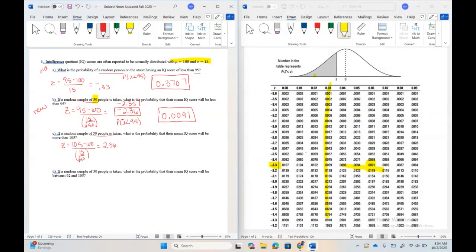Since the bell curve is symmetrical, if I have a Z-score of negative 2.36, I found that area to the left to be 0.0091. If I have a Z-score of positive 2.36, then this area to the right will also be the same area, 0.0091. So that's going to be my answer.